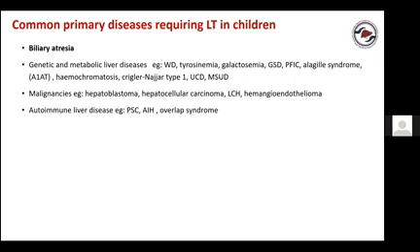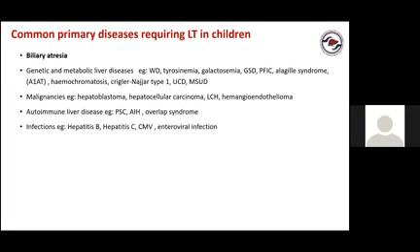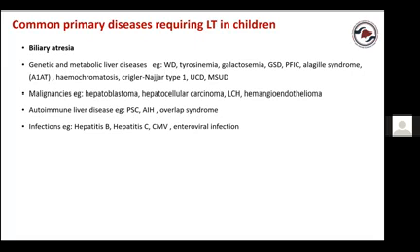Autoimmune liver disease, a well-recognized indication for liver transplantation in children. All the types of autoimmune liver disease can cause liver damage and finally synthetic dysfunction requiring a liver transplant. What about infections? The common infections which cause significant liver damage would be hepatitis B, C, cytomegaloviral infection, as well as enteroviral infection.